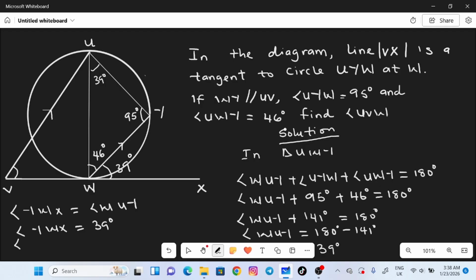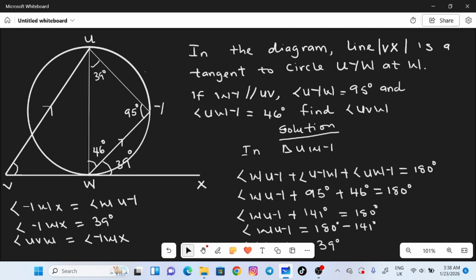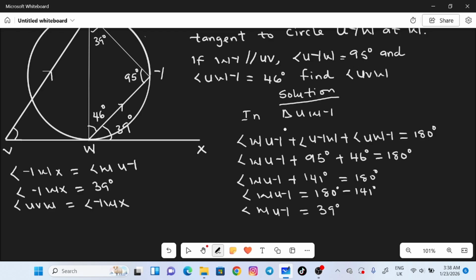Angle UVW equals angle YWX. Angle UVW equals 39 degrees, because our angle YWX is 39 degrees.